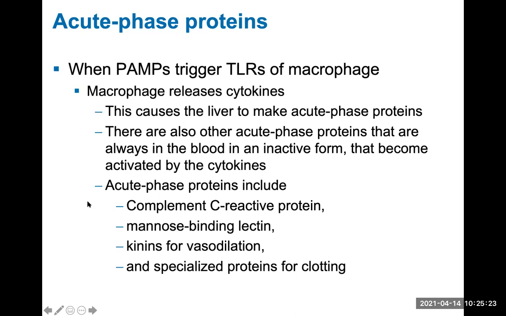Yes, it's a messenger to cause vasodilation, but it's doing that under this acute response, right? And then there are other specialized proteins for clotting, because if we have tissue damage, we need to take care of that right away. So there are all sorts of acute phase proteins in the body.